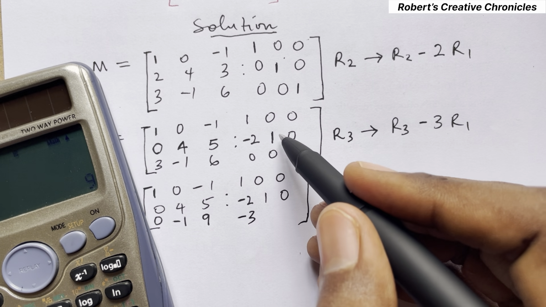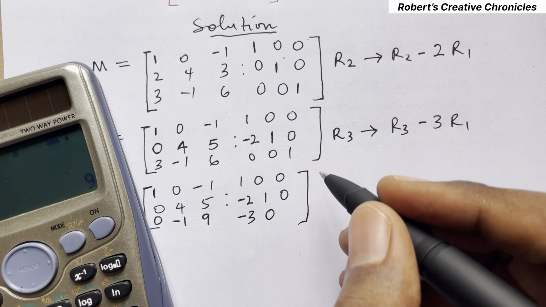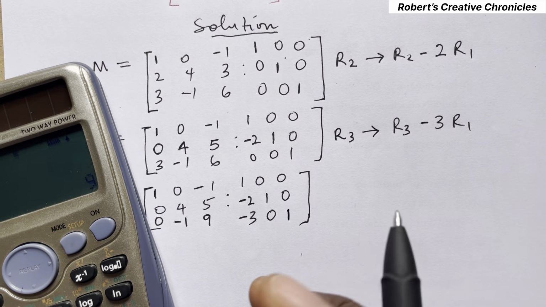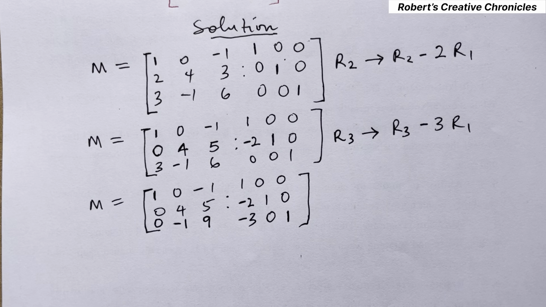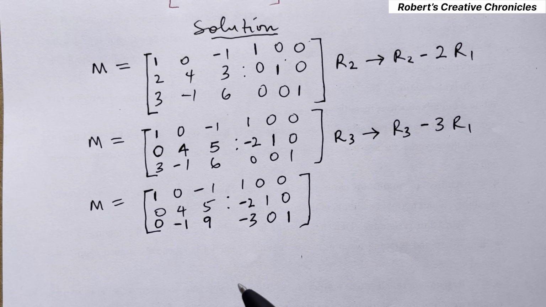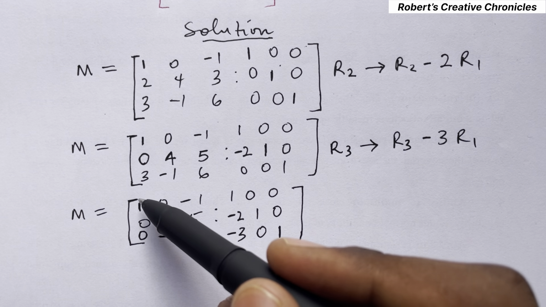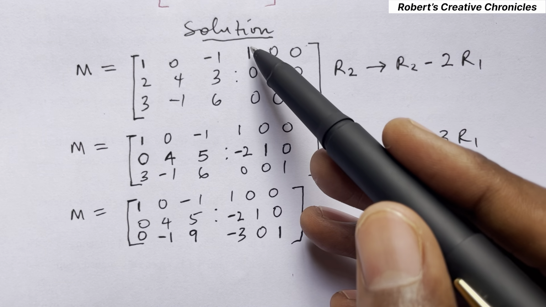Then 0 minus 3 times 0 is 0. Then 1 minus 3 times 0 is 1. So now we have successfully converted this column to the identity matrix.